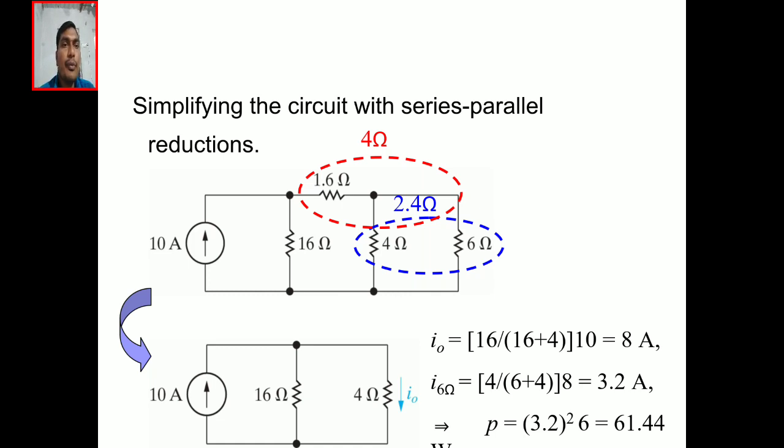So 4 ohms and 6 ohms in parallel combination gives 2.4 ohms. 2.4 ohms and 1.6 ohms in series connection gives 4 ohms. 4 ohms and 16 ohms are in parallel. It gives the parallel combination 4 into 16 by 20, 3.2.